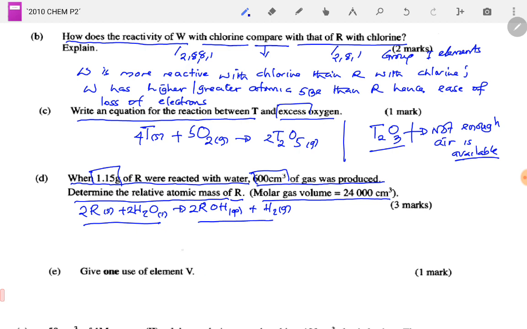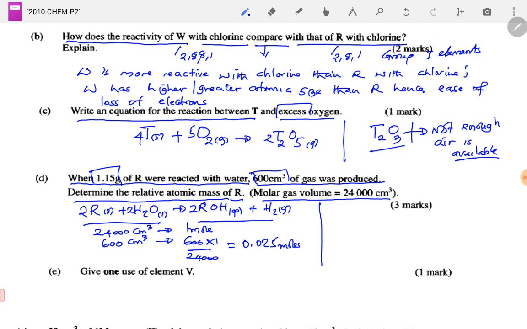Next we calculate the number of moles of gas produced. If 24,000 centimeter cubic is occupied by 1 mole, how many moles are 600 centimeter cubic? The value comes to 0.025 moles.